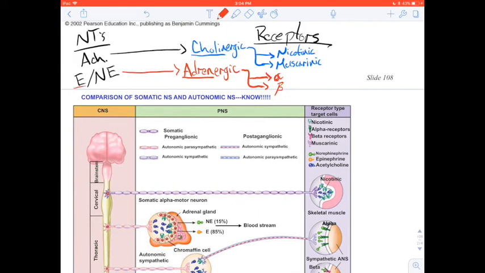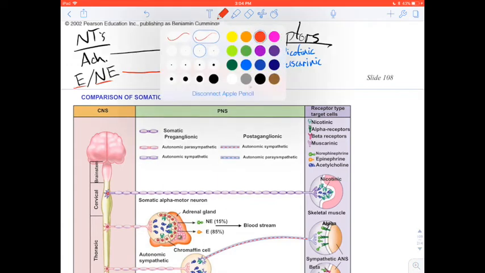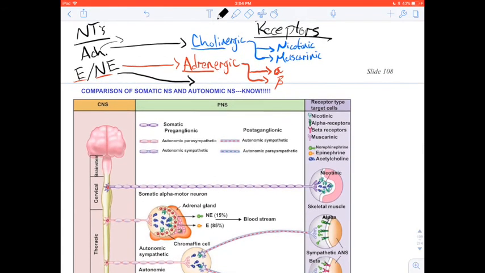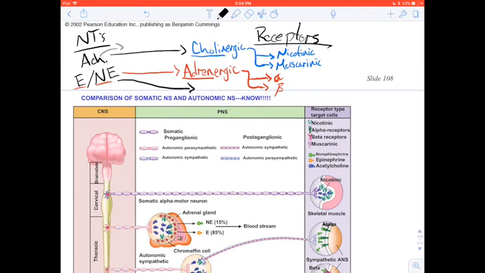Epinephrine and norepinephrine are going to bind to either alpha or beta adrenergic receptors. Acetylcholine will bind to either nicotinic or muscarinic cholinergic receptors, depending on where they're at. I know it's a lot to take in, but let's see if we can make sense of this.